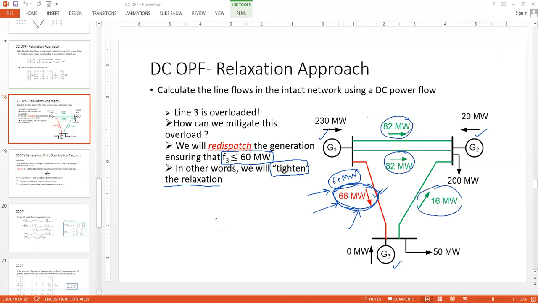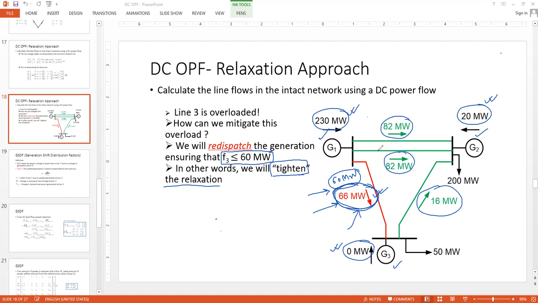And that is only possible if we play with these generation injections. So in the next class, we will see how a change in generation for any of these three generating units is going to affect my line flows directly.